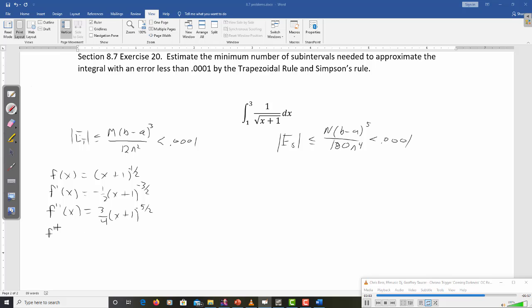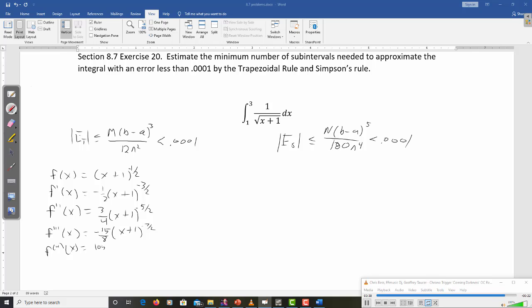The third derivative will be negative 15 over 8 (x plus 1) to the negative 7/2. And the fourth derivative, that'll be 7 times 15 is 105, I think.